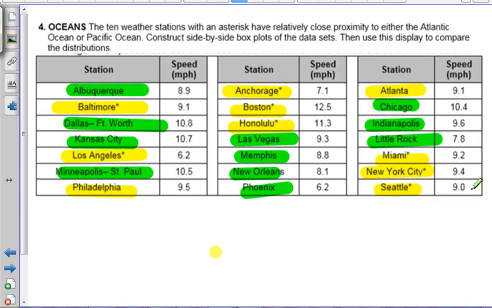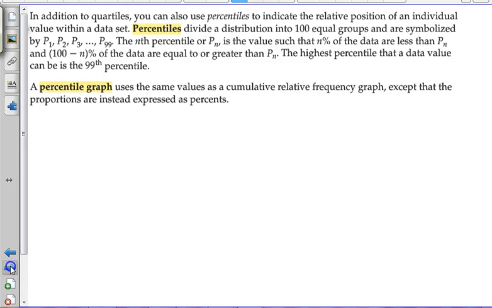We could have a big discussion about how Atlanta's not near an ocean, or Philadelphia's not on the ocean either, but this is what they put in, so I'm going with it, okay? Well, Chicago is near a large body of water, that's for sure. Okay.